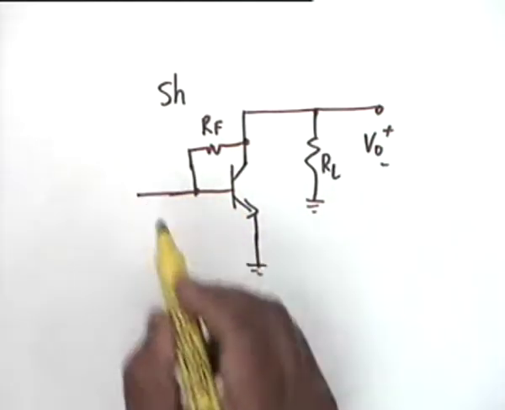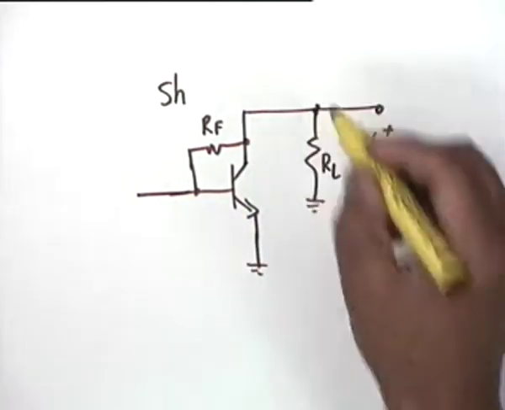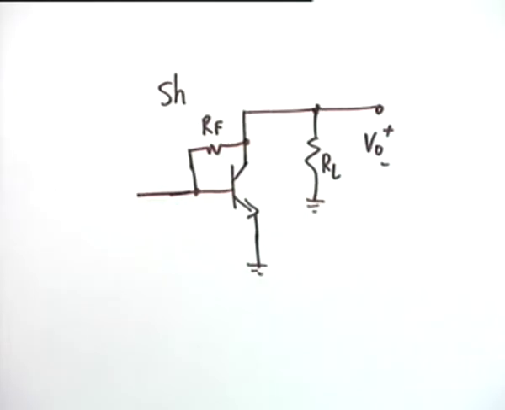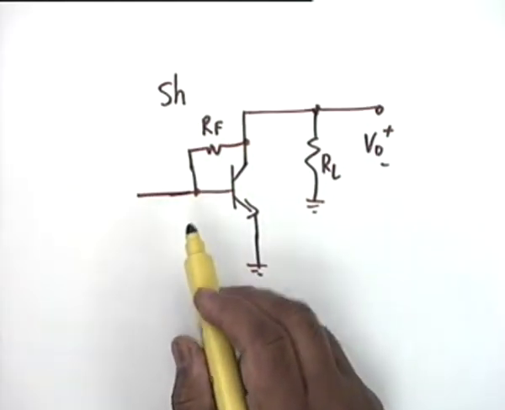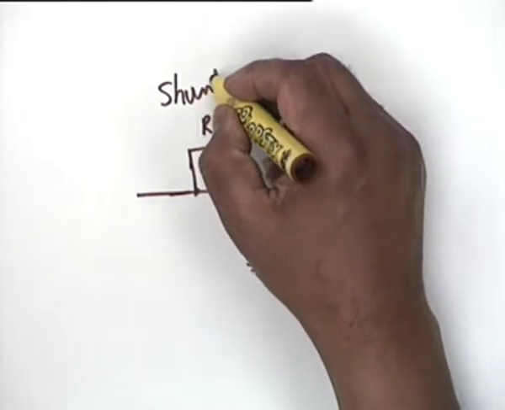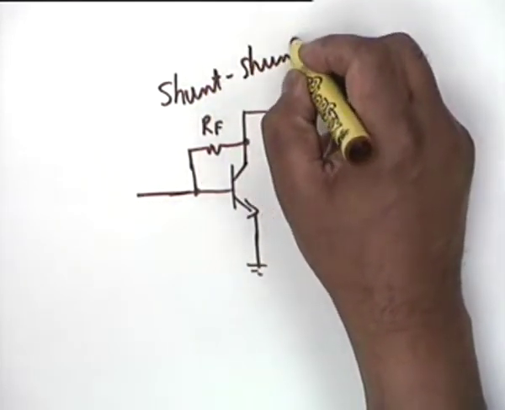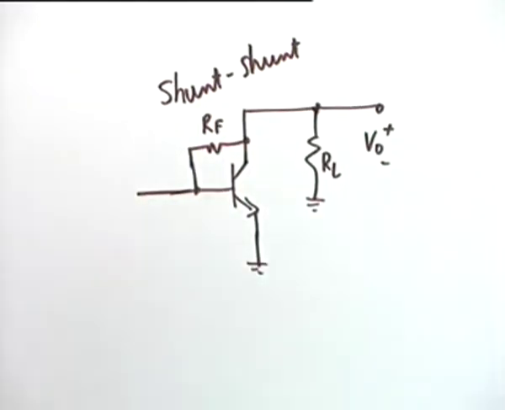Now, what kind of feedback is this? What is the architecture? Shunt, yes, it is shunt. And therefore, if it is shunt, what should be my model of the amplifier? Current to voltage. That's right.